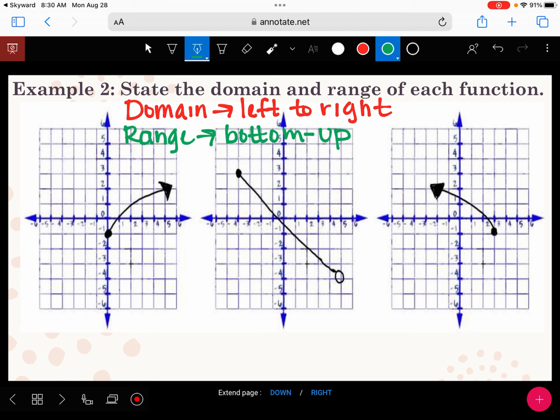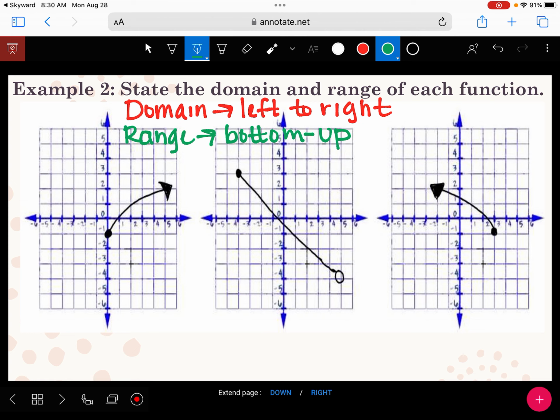And the largest numbers for your domain will be on the right. For the range, the smallest numbers are at the bottom. The largest numbers are at the top. So we're going to look at this graph and state the domain and range for each graph.